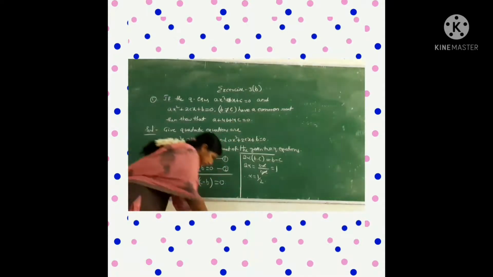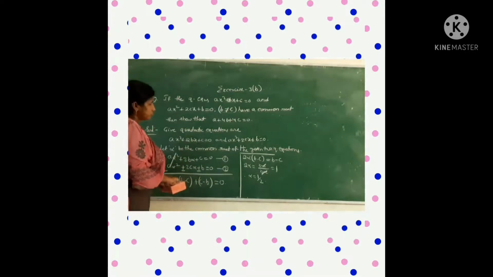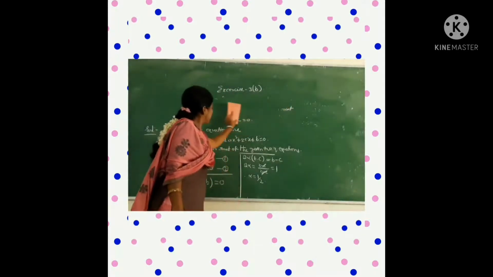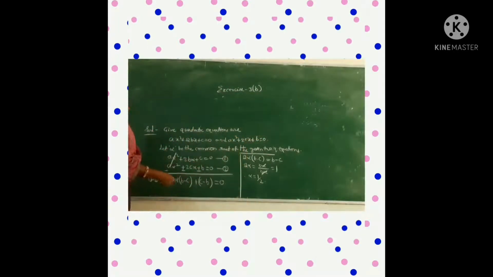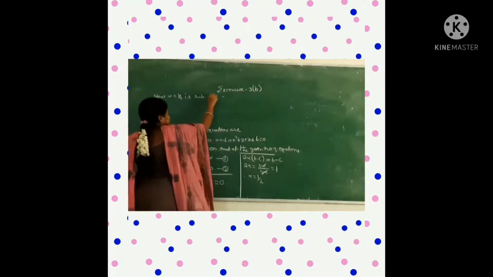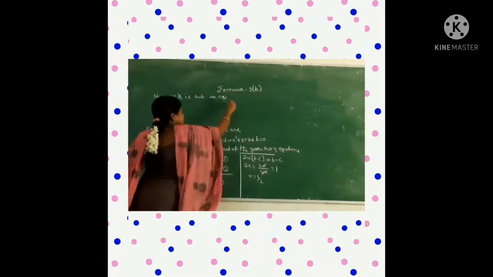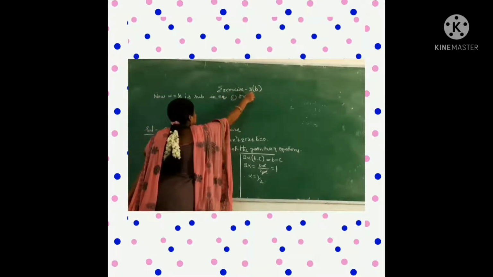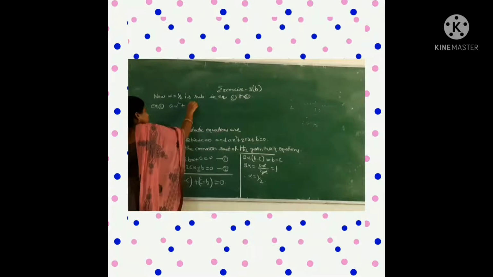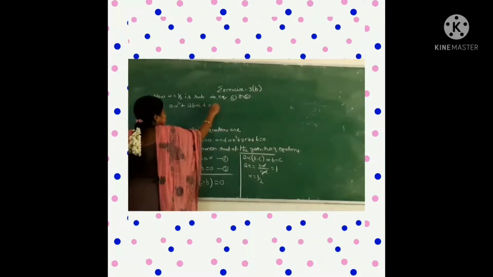Okay, now see that question writing. So now alpha is equal to 1 by 2, substitute in equation 1 or 2. Okay, I substitute in equation 1: a alpha square plus 2b alpha plus c is equal to 0.